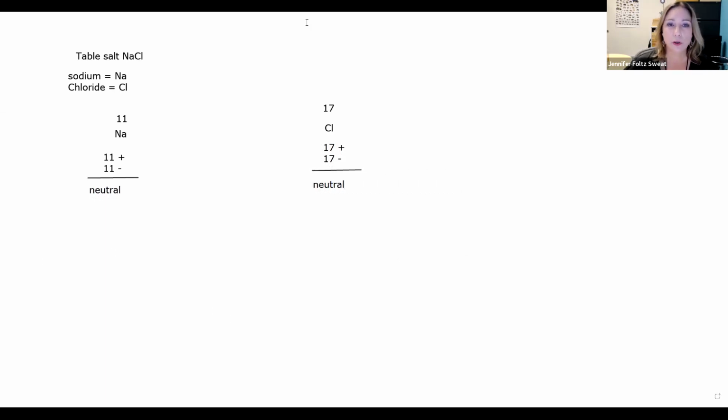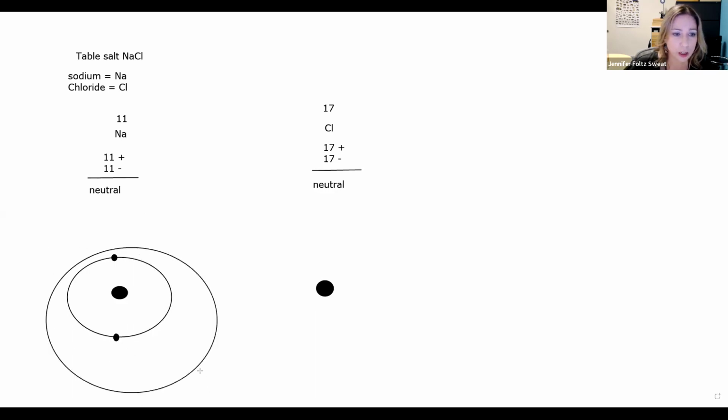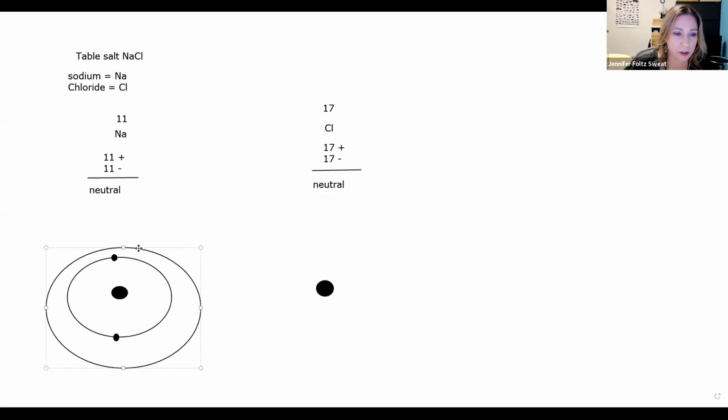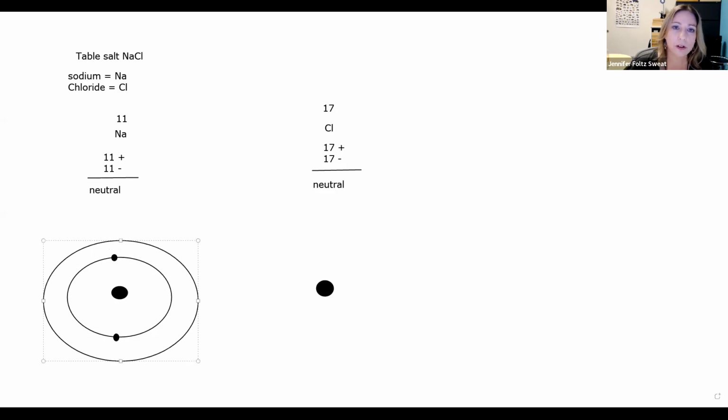Now you have to suffer through me drawing electron shells again. I'm going to draw the nuclei. Hopefully I have enough room to do it here. So we have 1 electron, 2 electrons. We need to draw another shell because sodium has 11 electrons.